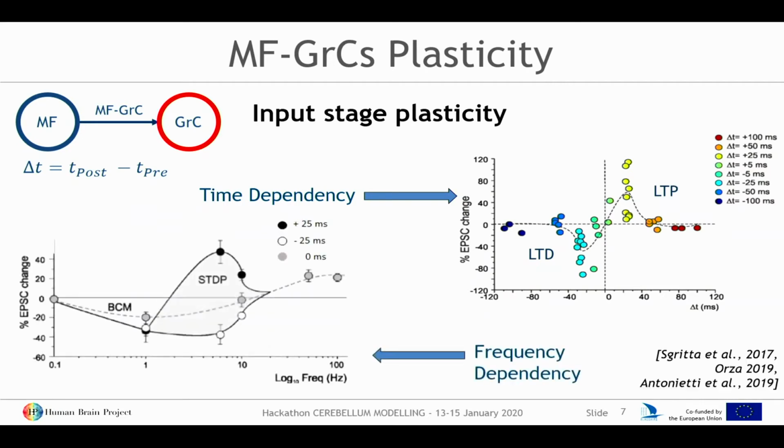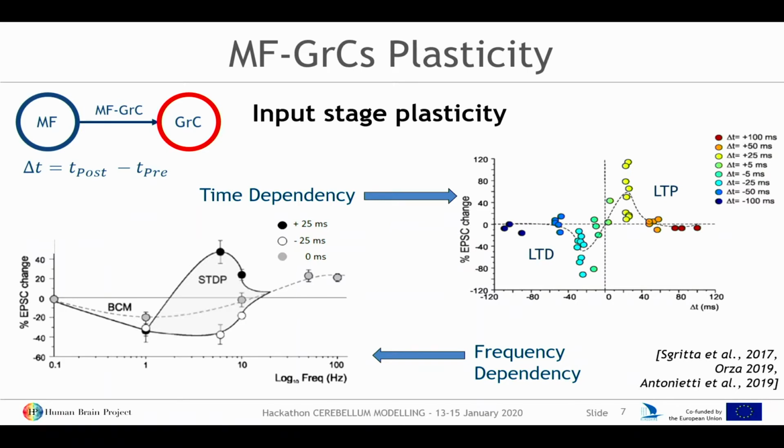But they also observed that the behavior changes according to the frequency of the inputs. So it's not the same. It's not only the spike timing that matters, but also the frequency of the input.